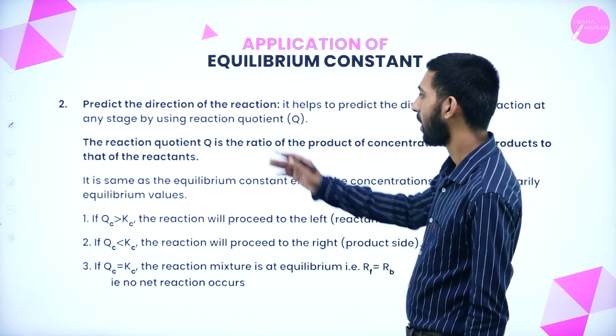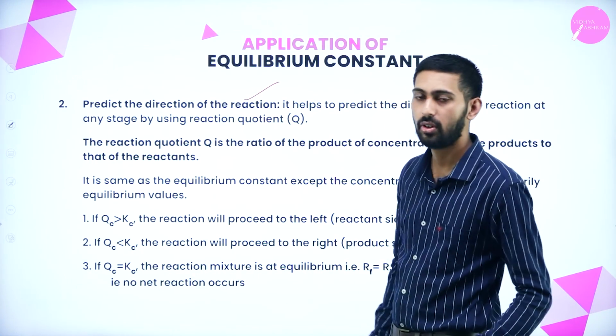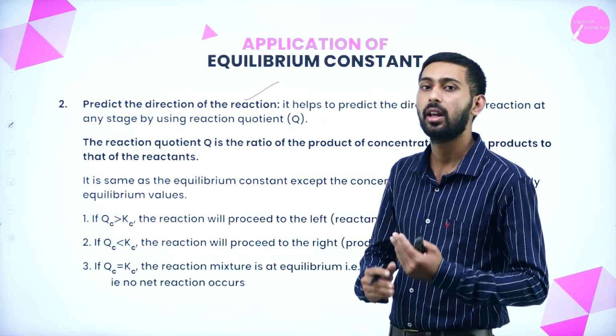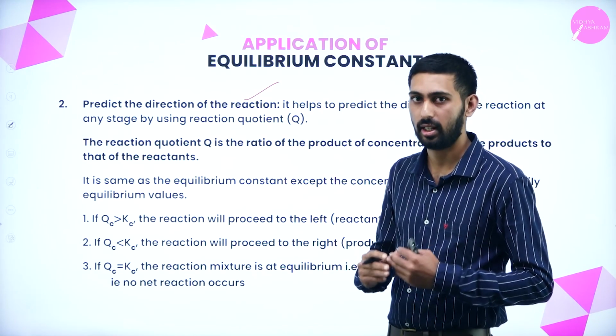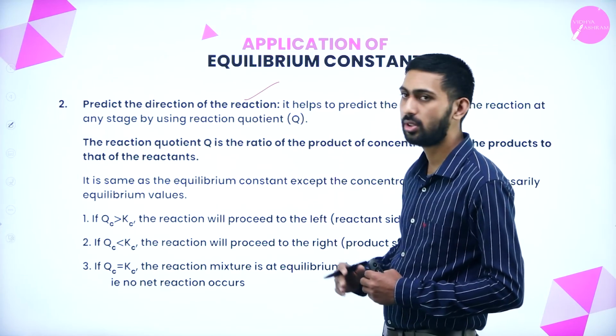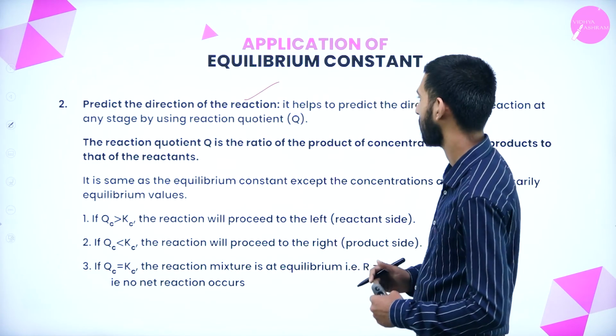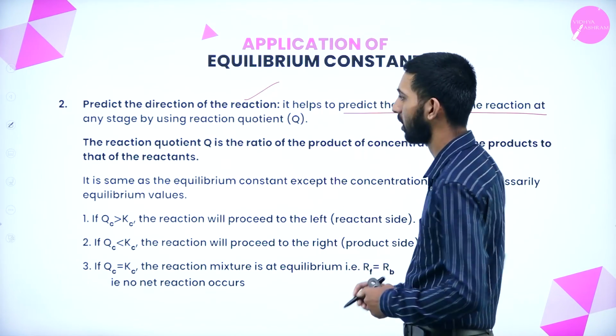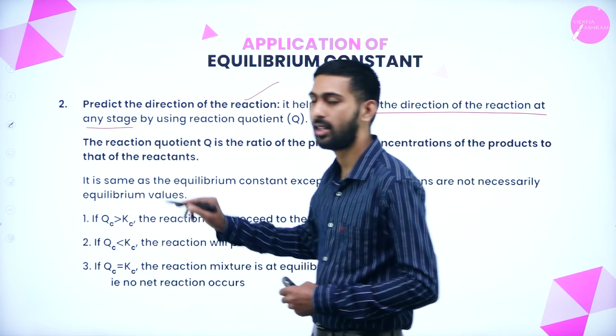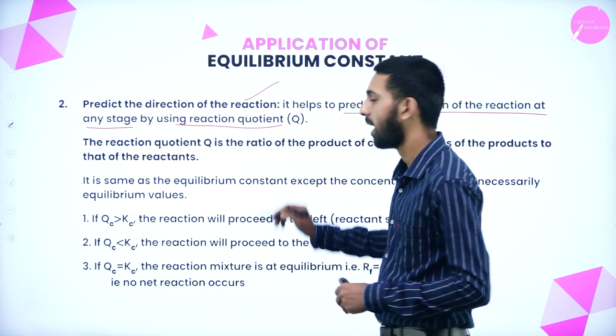Next thing is to predict the direction of the reaction. We should know whether it is reversible or irreversible, so we need to think about the direction of the reaction. It helps to predict the direction of the reaction at any stage by using the reaction quotient.